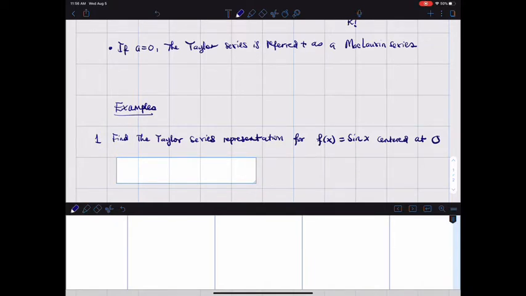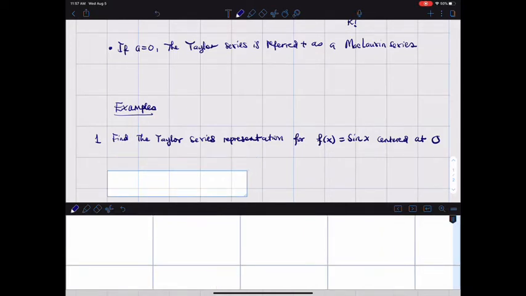But for now, let's do a quick illustration of how we find the Taylor series of sine x centered at 0. In essence, we're looking for the Maclaurin series.